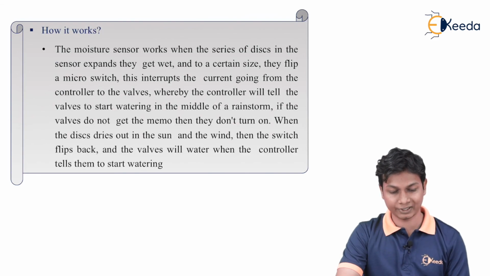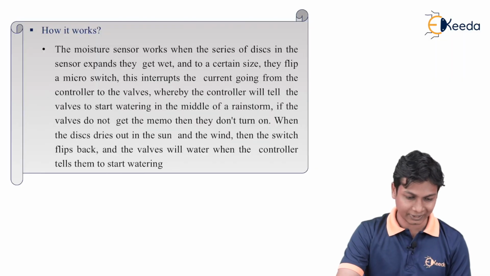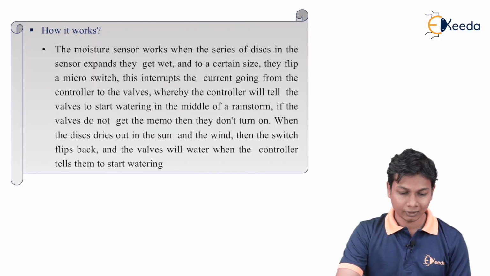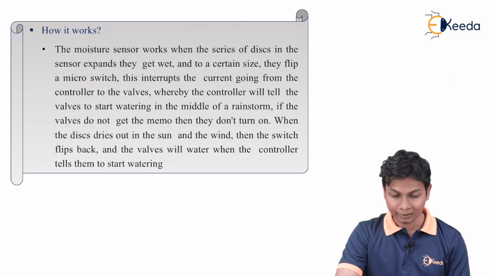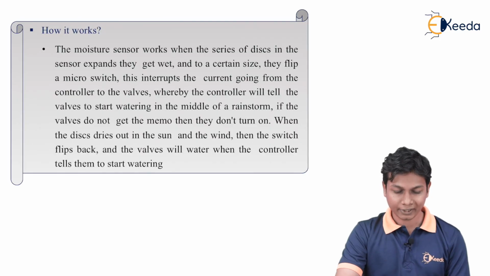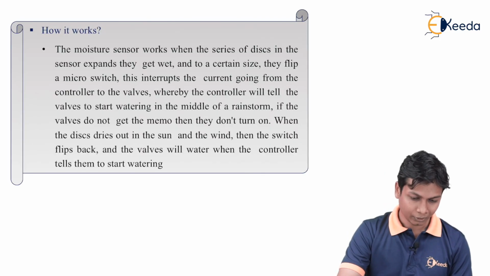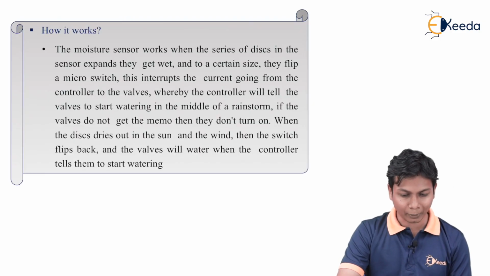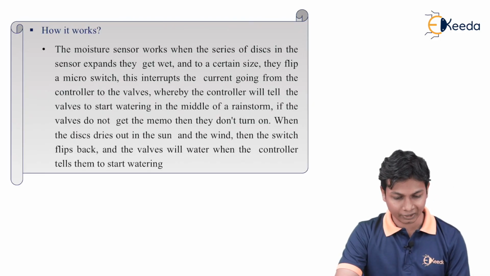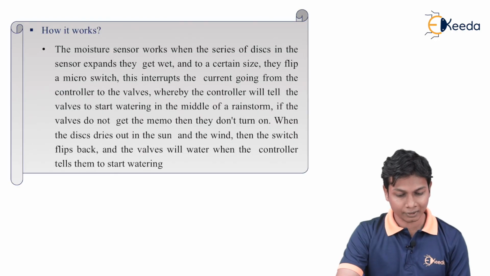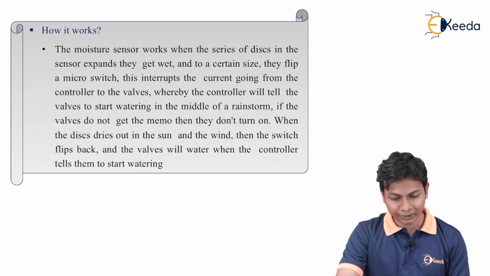The moisture sensor works when the series of discs in the sensor expand as they get wet, and at a certain size they flip micro switches. This interrupts the current going from the controller to the valves, whereby the controller would otherwise tell the valves to start watering in the middle of a rainstorm.